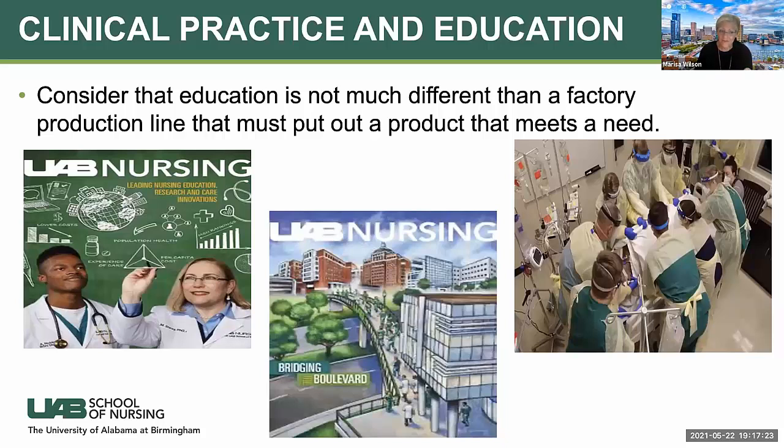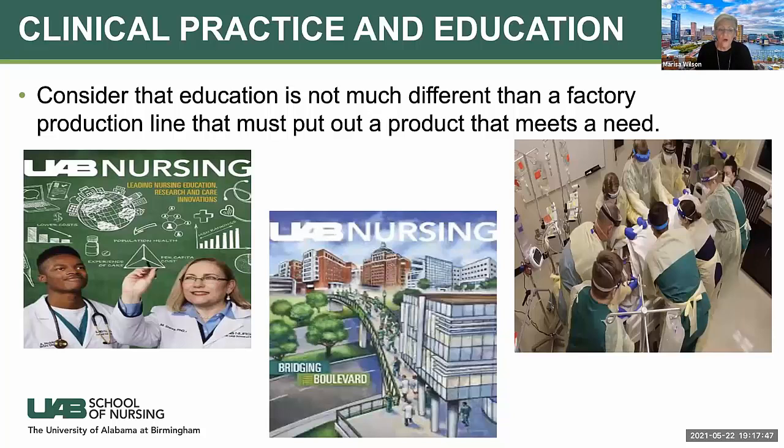It's like a factory. And we need to always keep our fingers on the pulse, those of us in education, as to what the needs are of the people we serve. Who are our stakeholders? Who do we have to meet the needs of? We cannot be producing a product that cannot meet the needs of today's world.